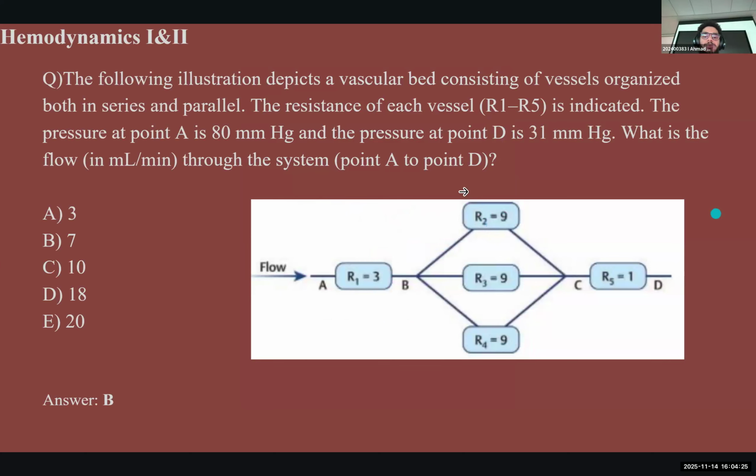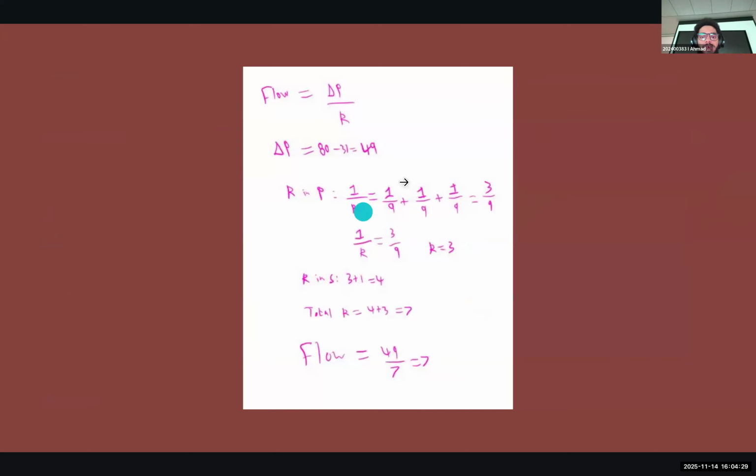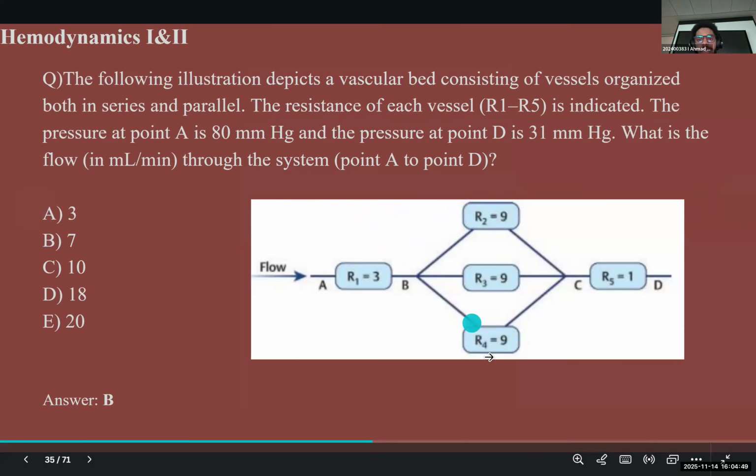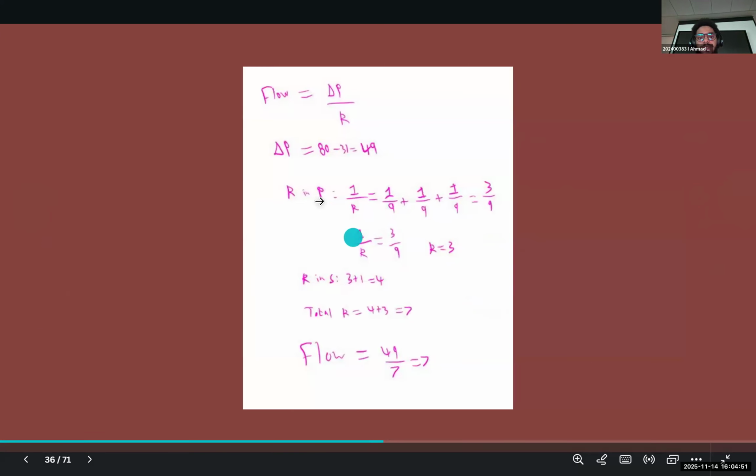So 1 over R is 1 over R2 plus 1 over R3 plus 1 over R4, which is going to equal 3 over 9. So 1 over R is equal to 3 over 9, cross multiplication. That means it's going to be 9 divided by 3, and that's going to give us a resistance of 3. So the total resistance here is 3, for the part in parallel.